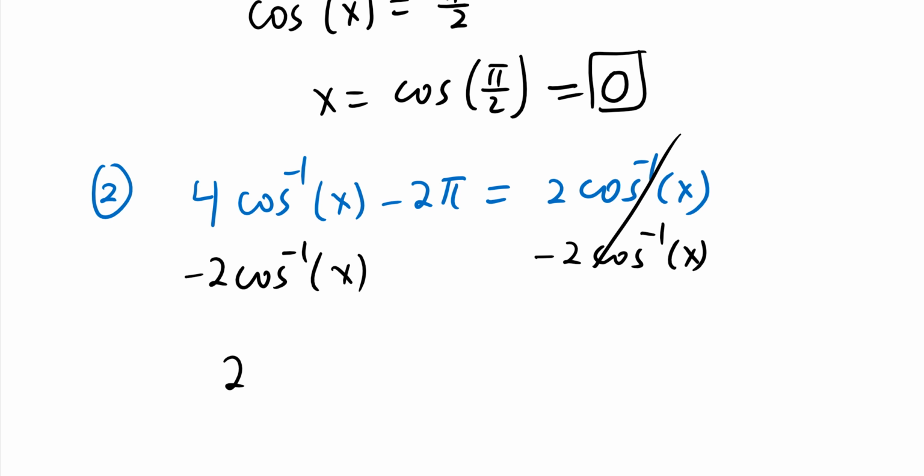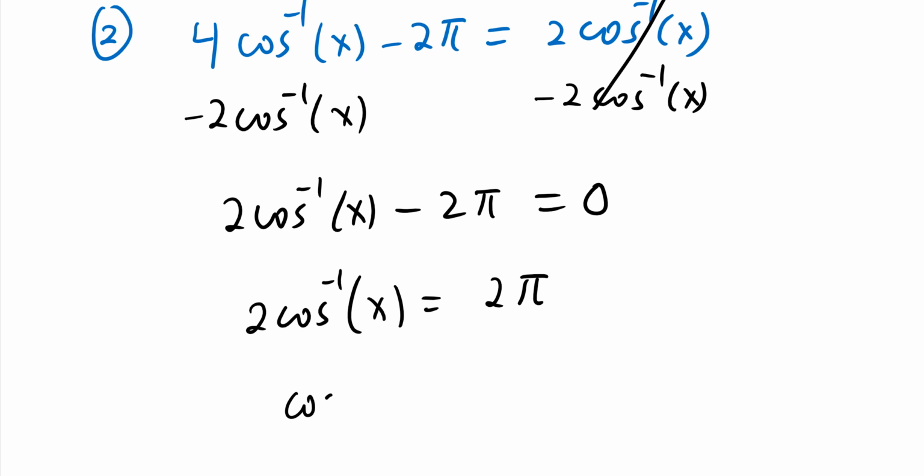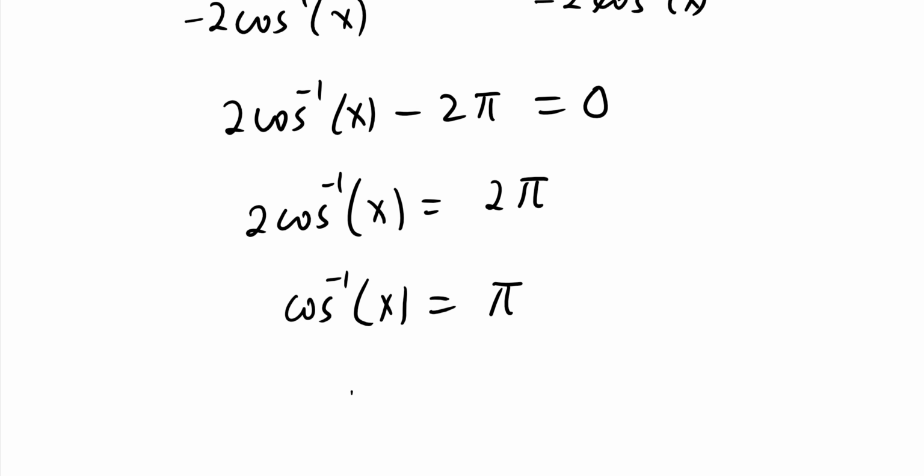These cancel, so you get 2 cosine inverse of x minus 2 pi equals 0. Then we add 2 pi to both sides. I want to isolate the cosine inverse, so dividing by 2 gives me pi. That means x is cosine of pi. And what is cosine of pi? Negative 1.